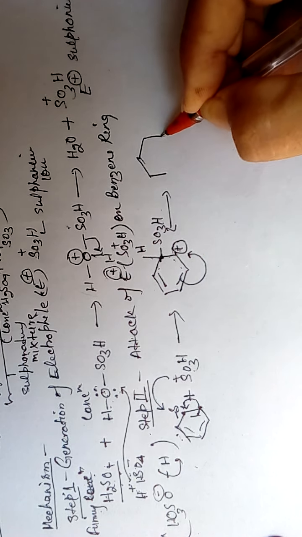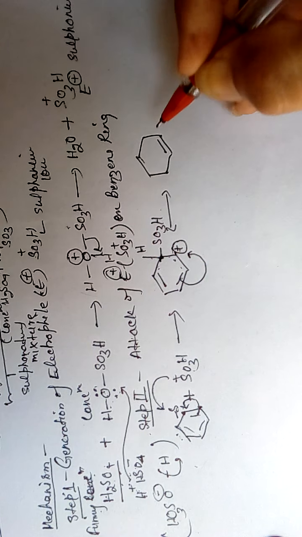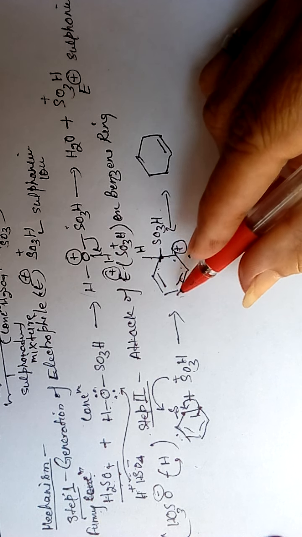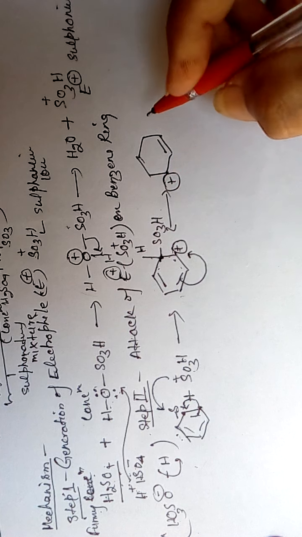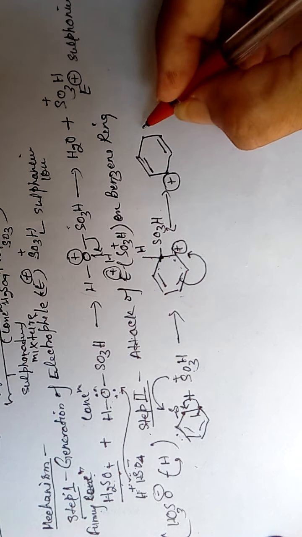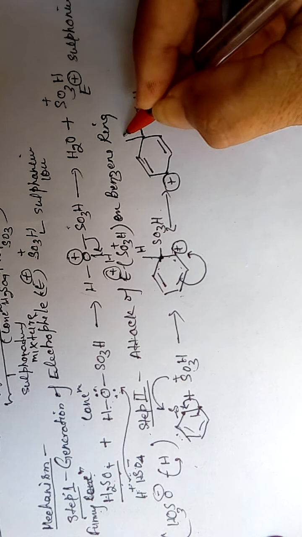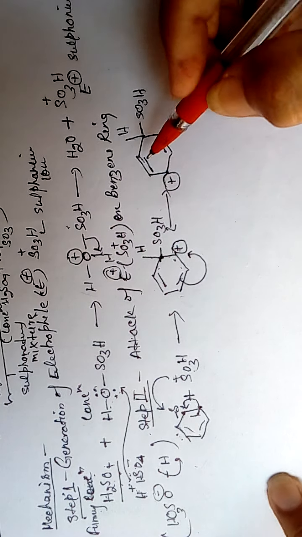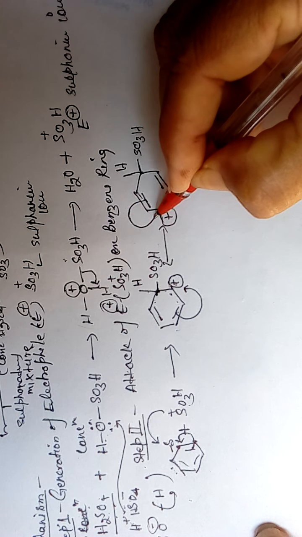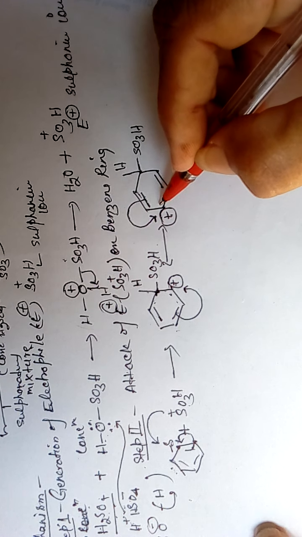Let's see the next structure. This bond comes here, and due to this a positive charge comes here, and this is a double bond, and a group is present here, and a hydrogen is present here. To neutralize this positive charge, this double bond shifts here and forms a double bond here.